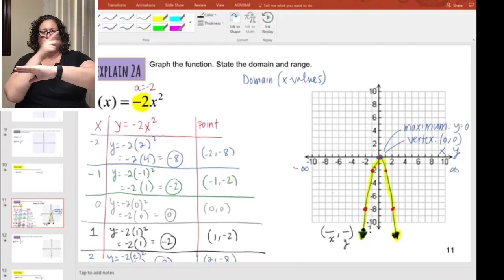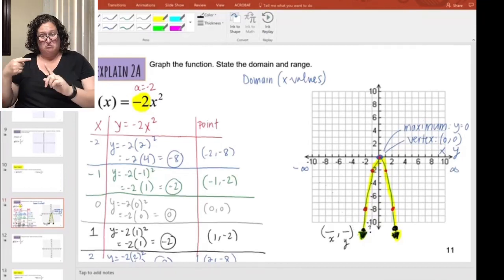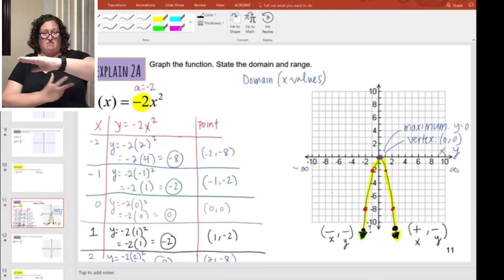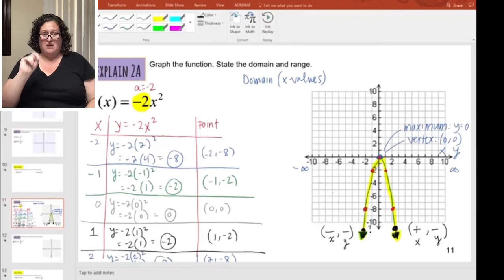Now, if we look at this point, we know that this point is always going to have a positive x value and a negative y value. And that's because we're in quadrant 4. So now, when we're looking for the domain, we have to figure out where x begins.